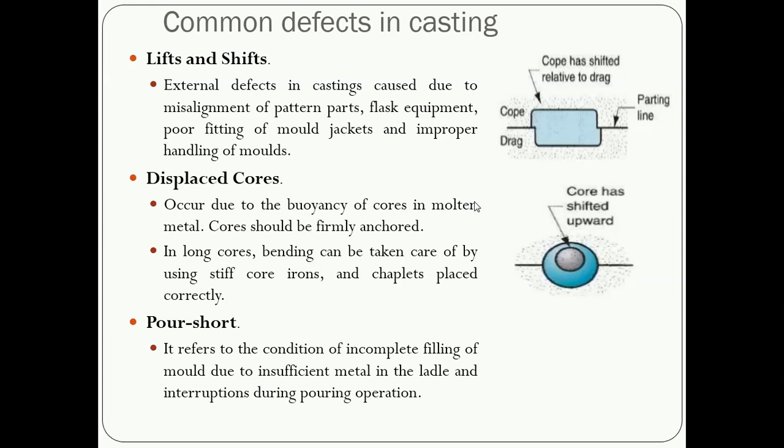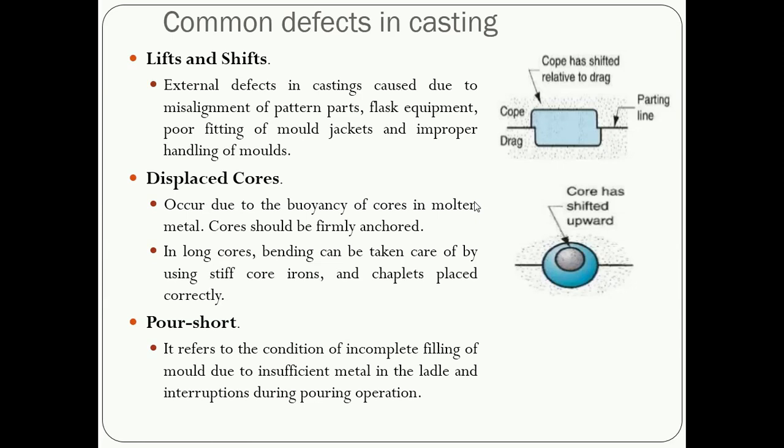Buoyancy, I told you while studying the cores, the force exerted by the molten metal on the surface of the core is called buoyancy. While studying that, I gave you the example of the force exerted by the water on the surface of a stone when you are sitting at the bank of a lake and throwing stones in the lake.